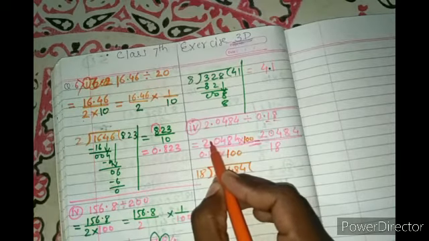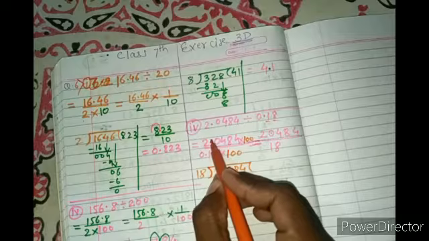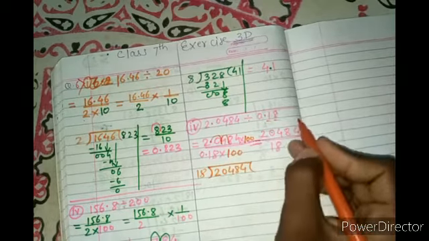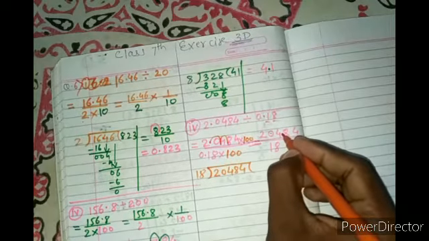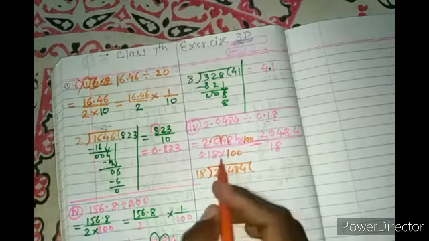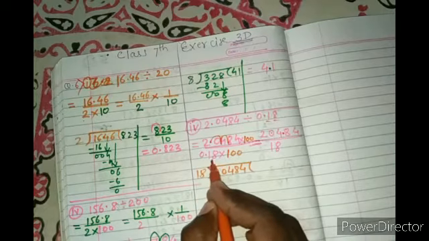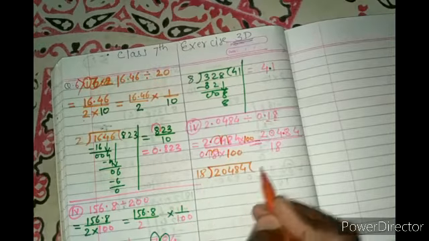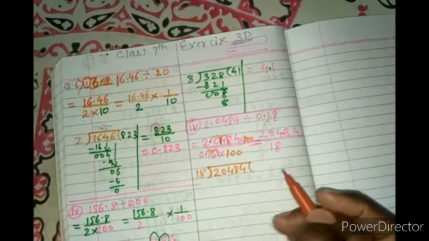The decimal point will shift towards the right by 2 places, so it would be 204.84. And what is the effect of 100 on 0.18? It will shift right by 2 places, so it would be 18.